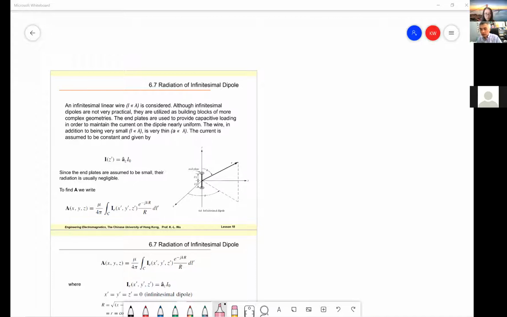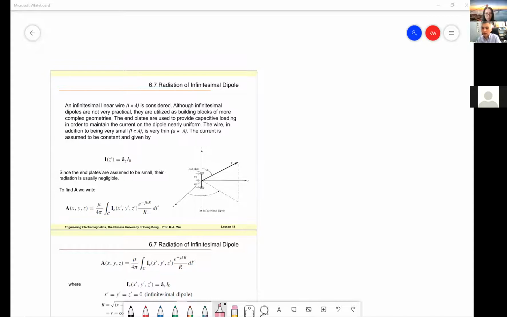Because this is a very fundamental thing for understanding the antenna working principle. If you're interested in anything about antenna design, this is the foundation. So let me very quickly review this, and then we continue this subject today.